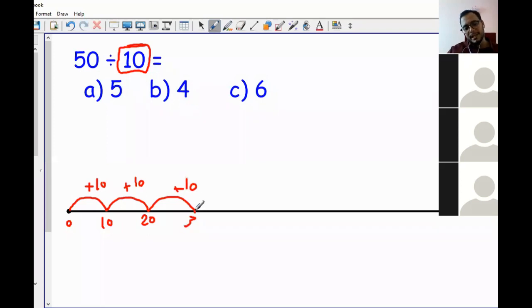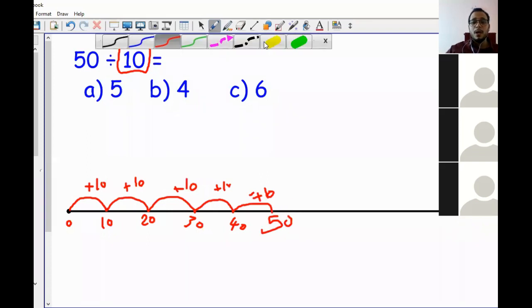Can I make more tens? Yes. Plus 10 equals 40. Plus 10 equals 50. So I landed on 50. I should stop now because I landed on 50.